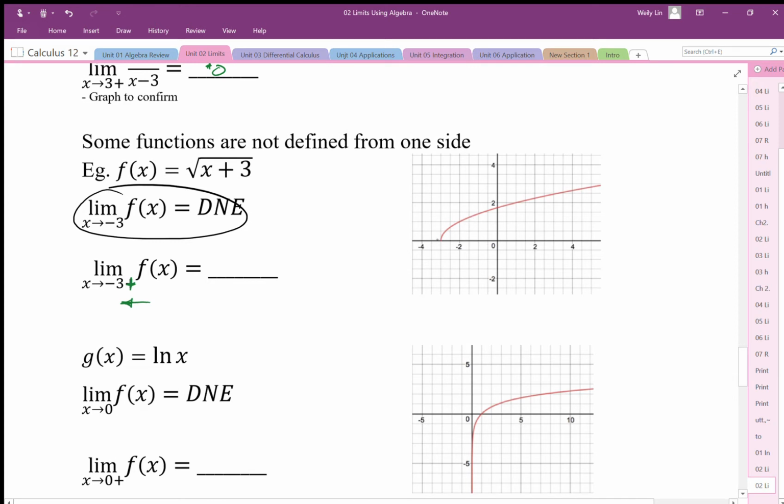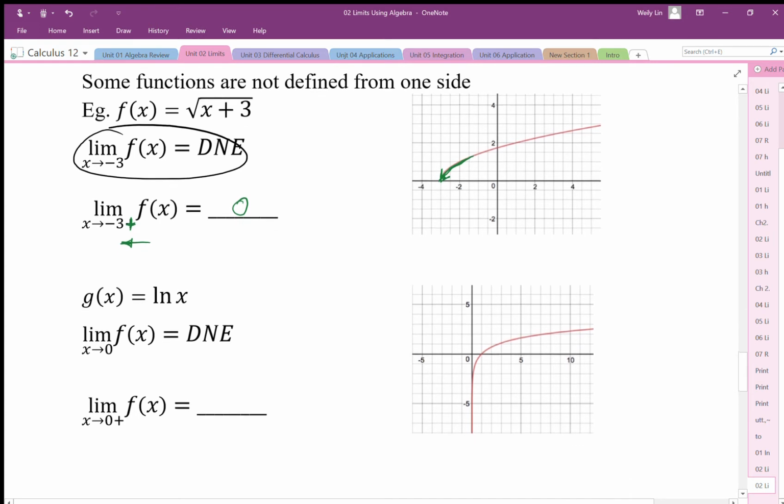Now we can establish the limit. As it approaches that value from this side, x equals -3, the y value is tending towards 0. That's a perfectly valid limit, but we cannot define that point from both sides because it does not exist from the left-hand side. So we have to say that the limit does not exist.